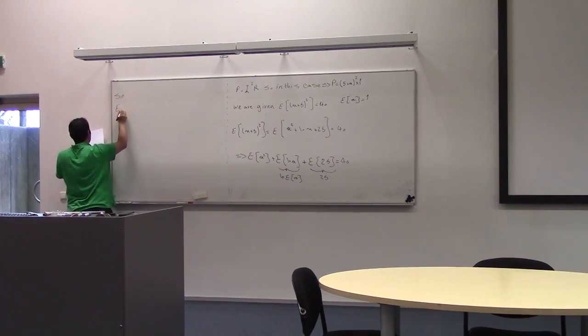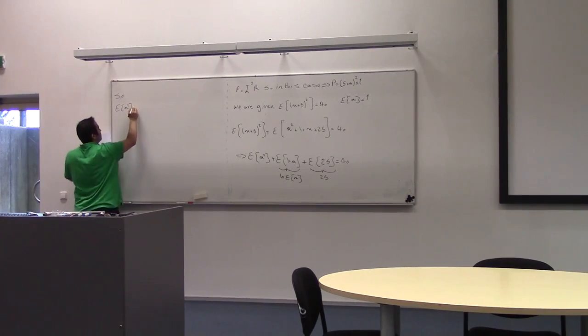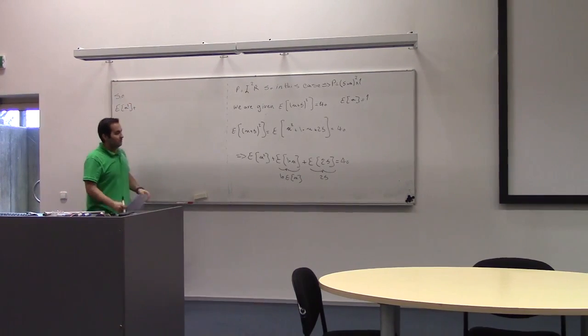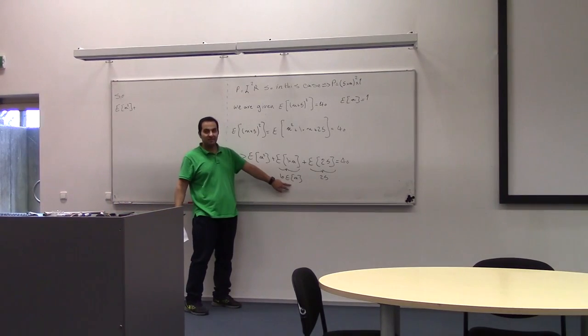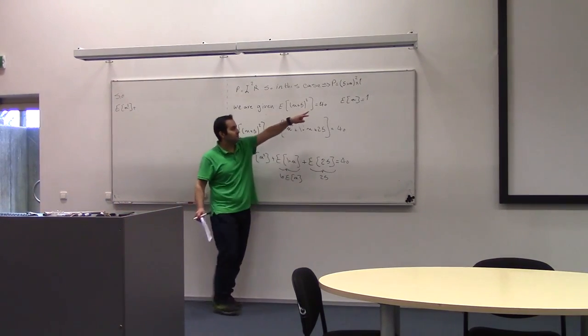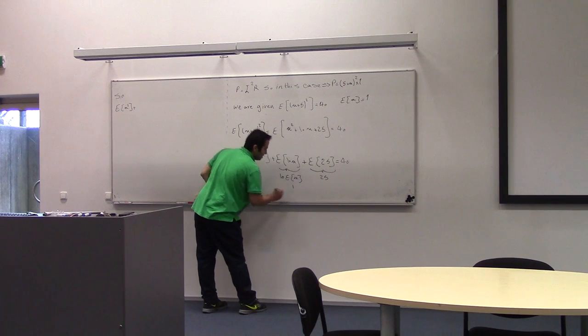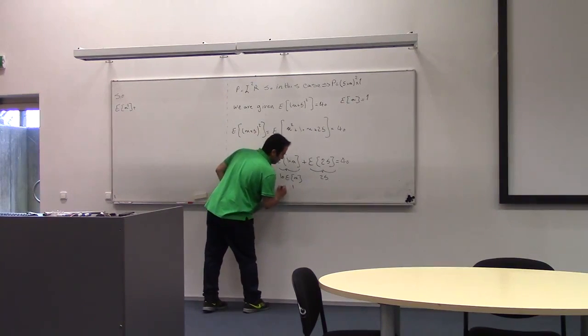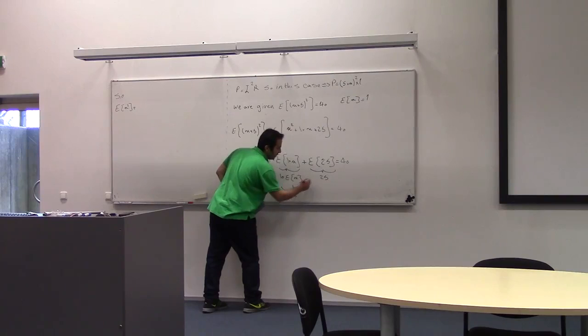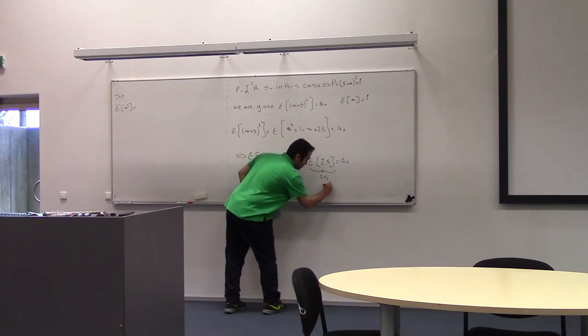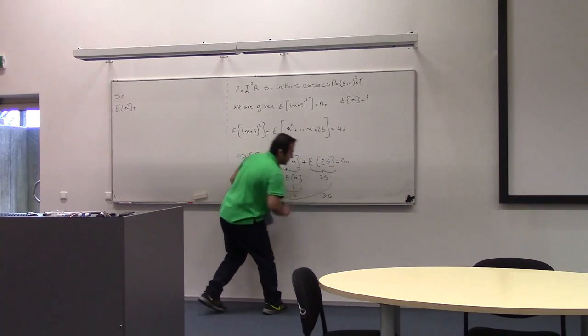You know that the expected value of x power 2 plus, what was the expected value of the x? 1. We know that here. 10 multiplied by 1 is equal to 10, plus 25 is equal to 35.